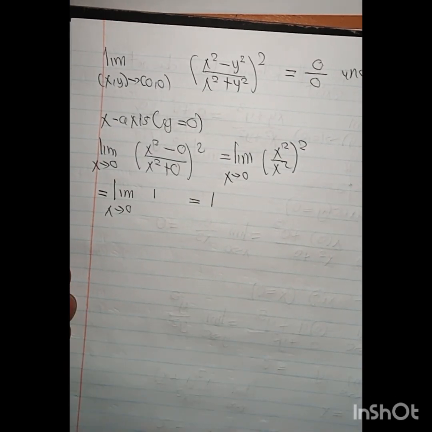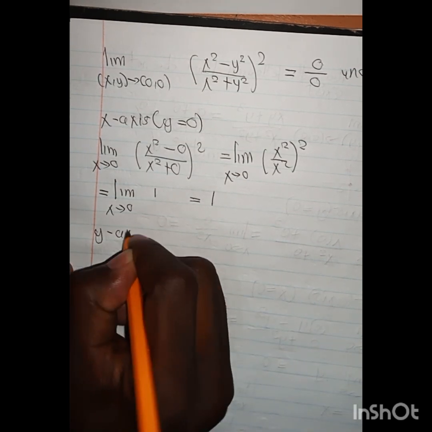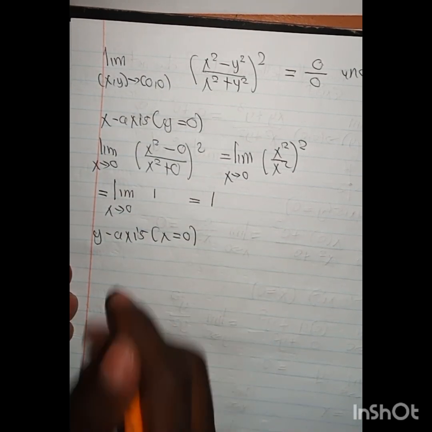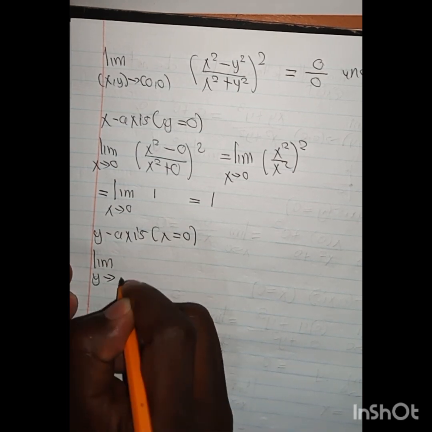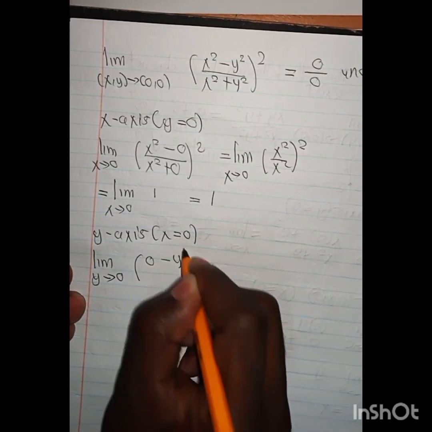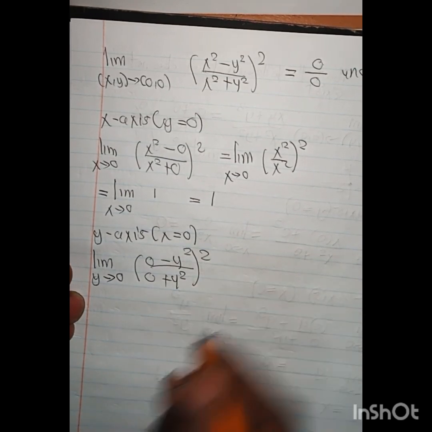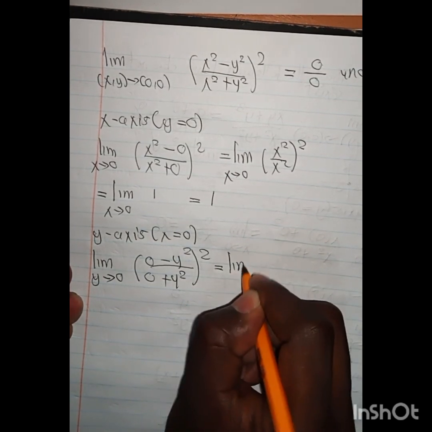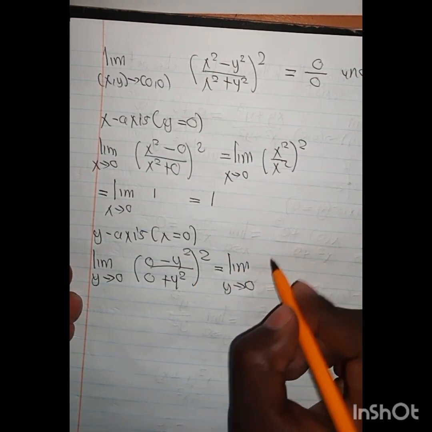Then let us approach the origin from the y-axis. On the y-axis, we make x to be 0. So we will have the limit as y approaches 0. X is now a 0. It means we'll have 0 minus y squared over 0 plus y squared, to the power 2. Then you can proceed by saying the limit as y approaches 0. 0 minus y squared is just minus y squared.